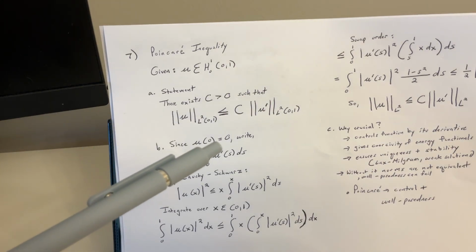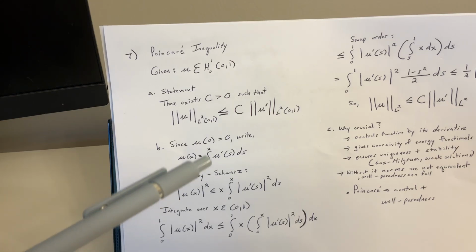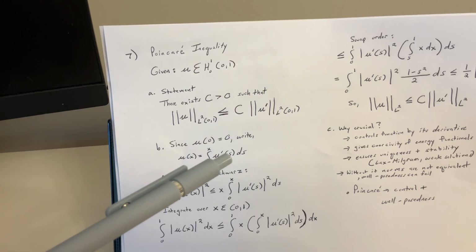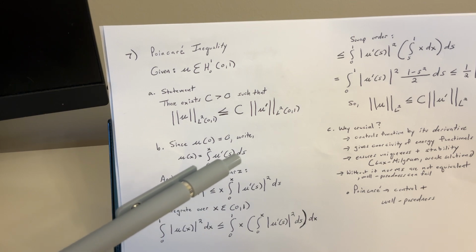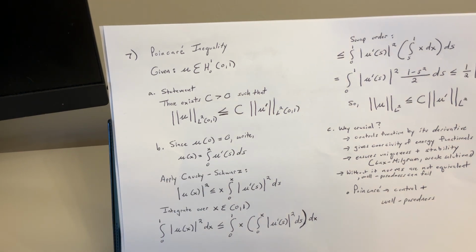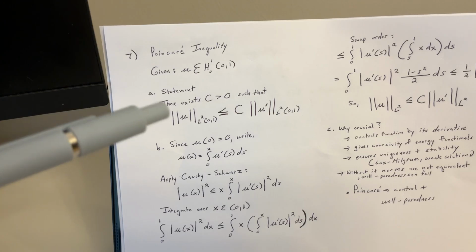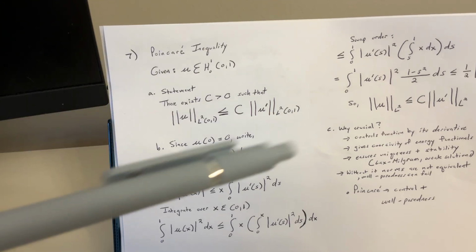Since u of 0 equals 0, we write this as u of x is the integral from 0 to x of u prime of s ds. So the key to this, here's our statement.